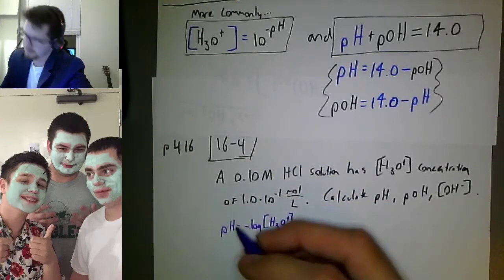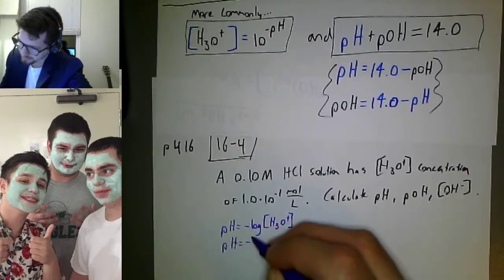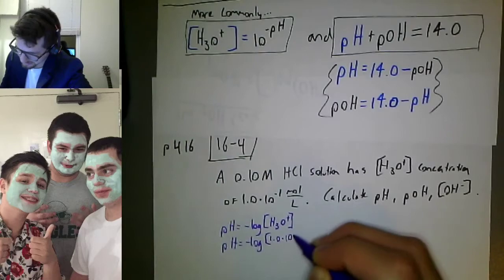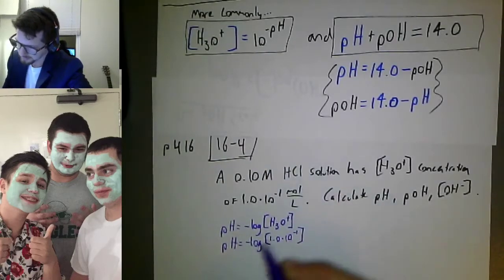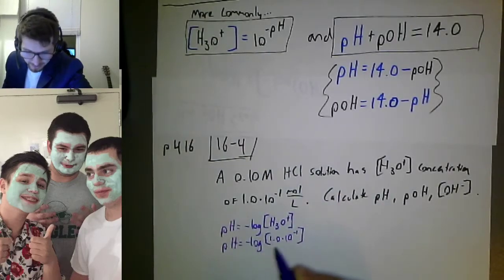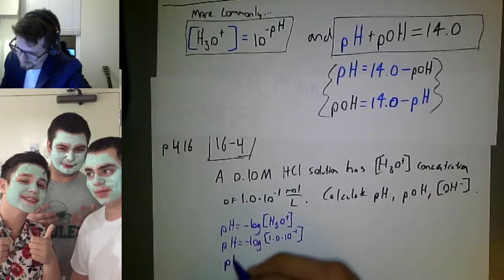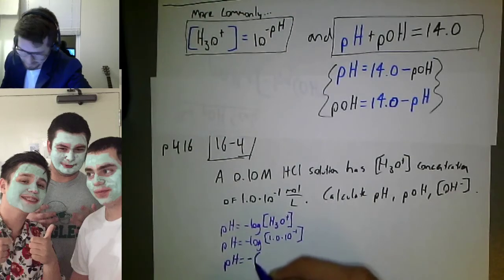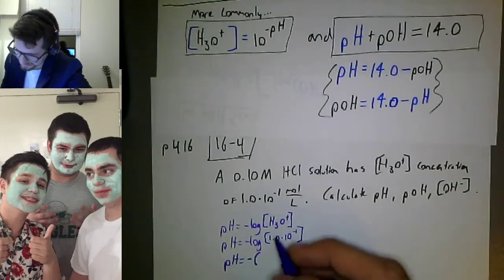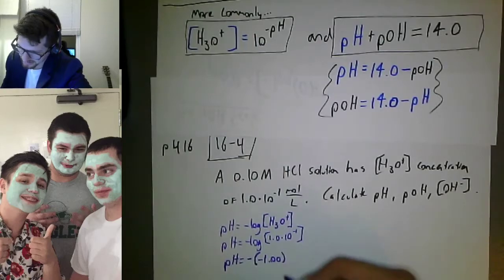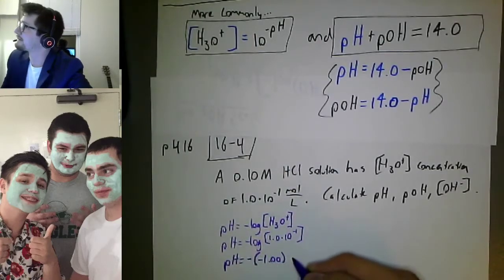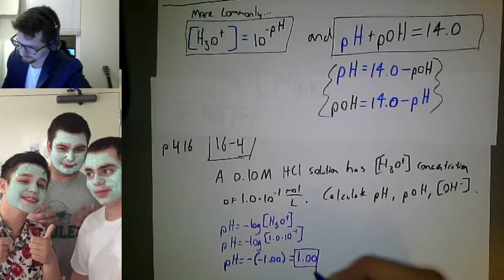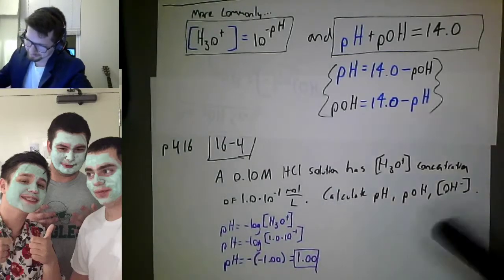So I'm going to plug that in. pH equals negative logarithm of 1.0 times 10 to the negative 1. If I type this into my calculator, the logarithm of this number gives me negative 1, and then these negatives cancel out, and my pH is 1.00. Cool. There's step 1.